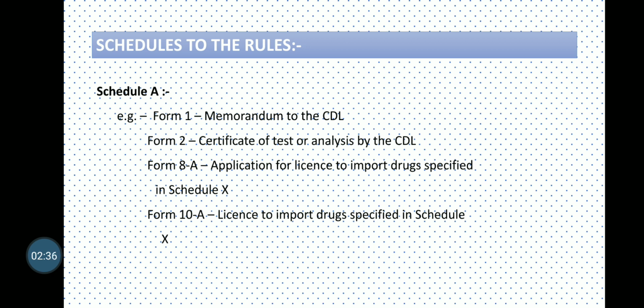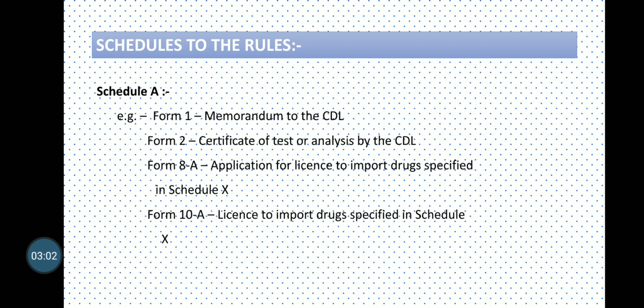Therefore, for every purpose, the form to be used should be uniform and standard. Which forms are to be used for different purposes? That form numbers along with their description is given in your Schedule A. Therefore, it is said that list of forms used for making application.